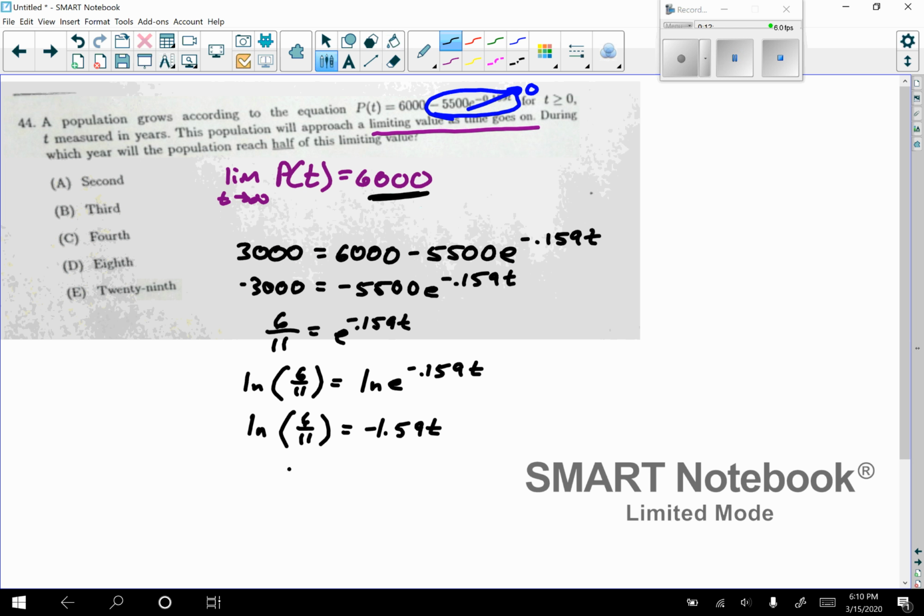So t is going to equal the natural log of 6/11 over negative 0.159, which turns out to be about 3.812. It was asking which year, so we could say during the 4th year. Getting C for that.